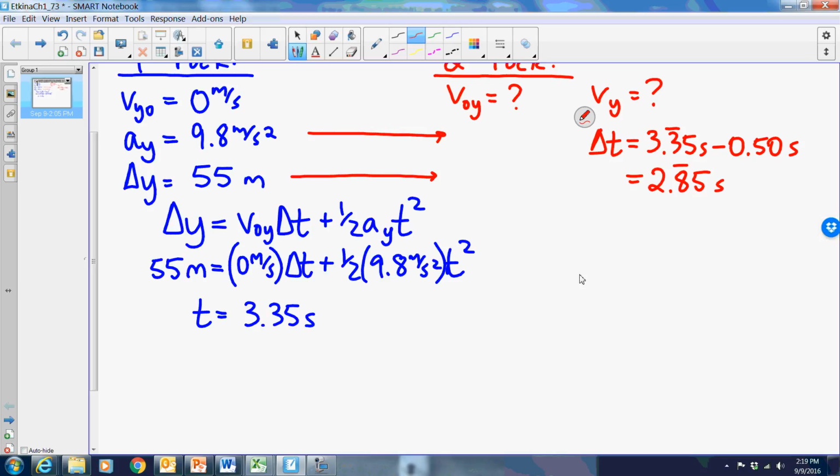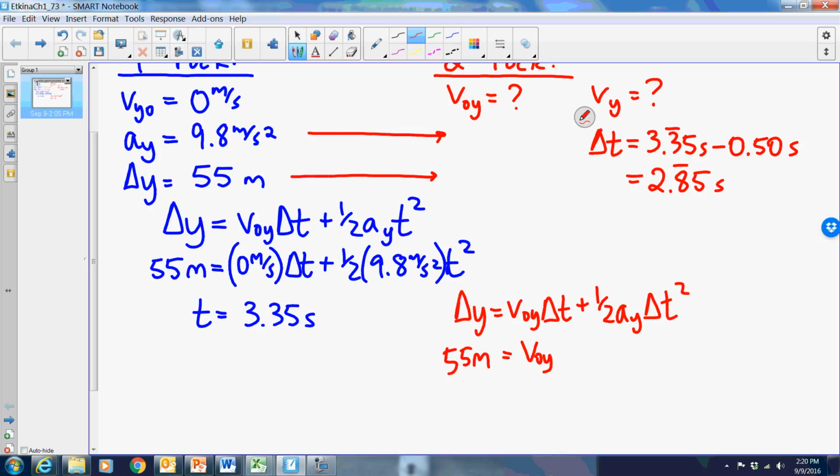And then that lets us solve for the initial velocity to cover the same amount of displacement. So again, I'm going to use this equation for the second rock. Okay, 55 meters.